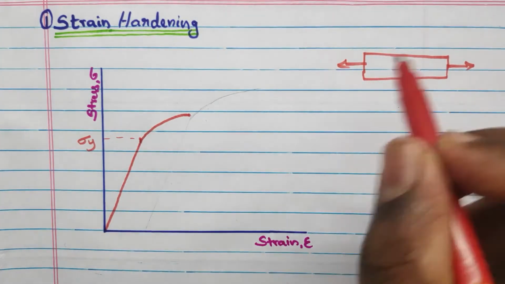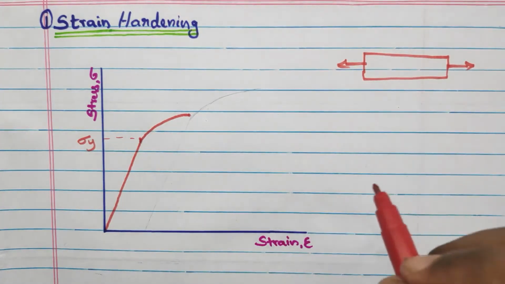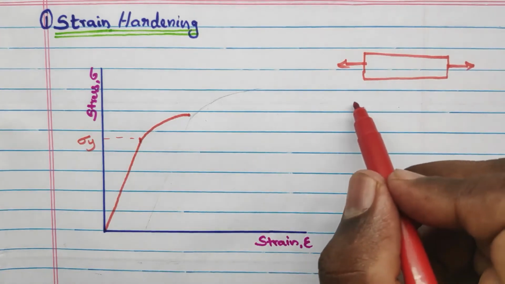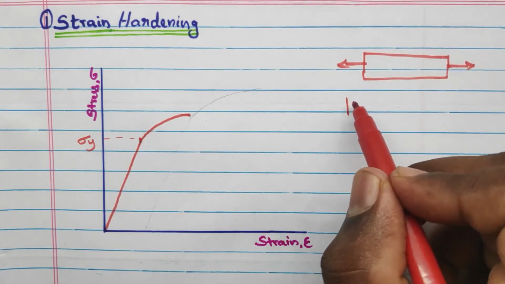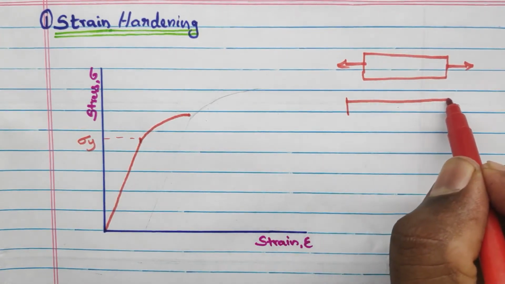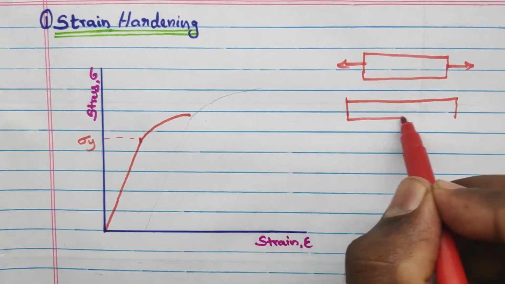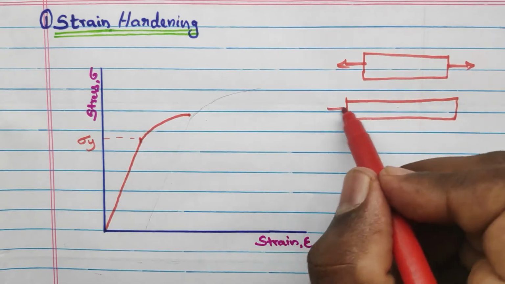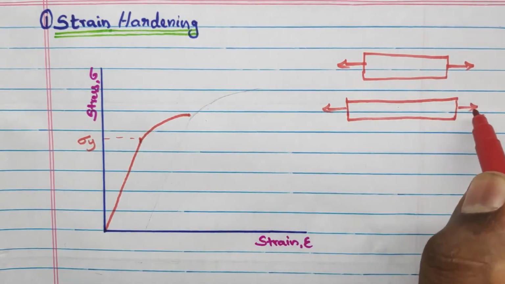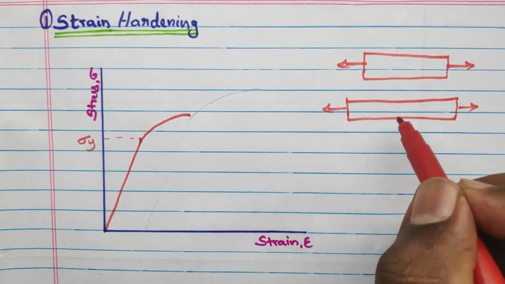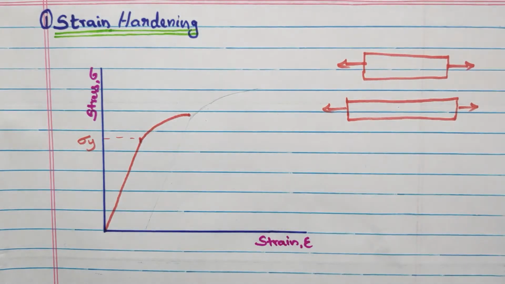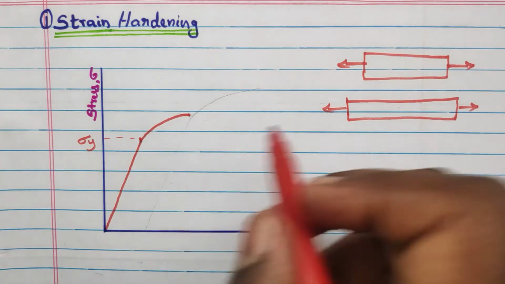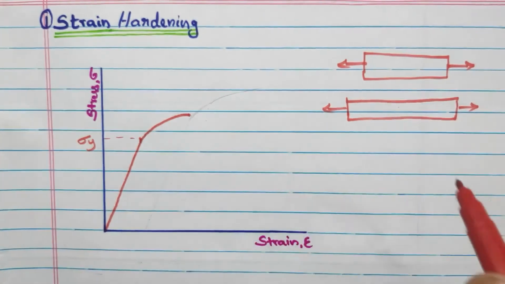When the tensile load is applied, we are well familiar that it gets elongated, and it comes like this. When we compare with this, when the plastic deformation is experienced in the material, there will be a reduction in the area, something like that. So this is the plastic deformation. Now the material is deformed plastically.